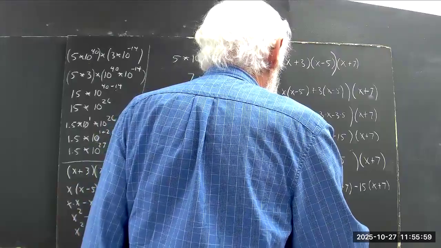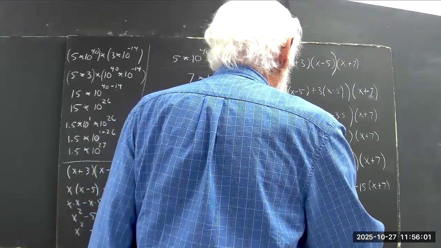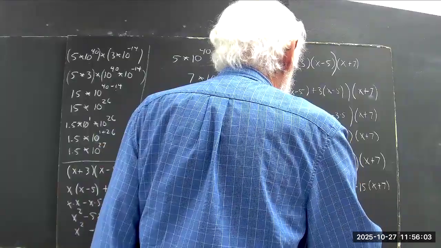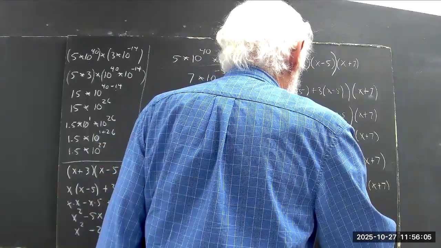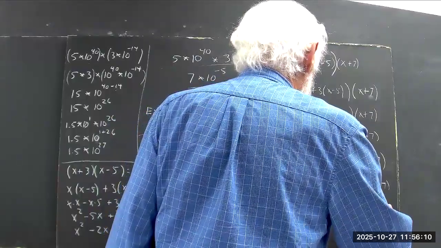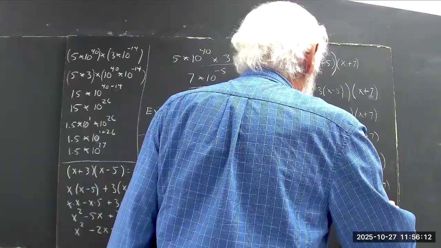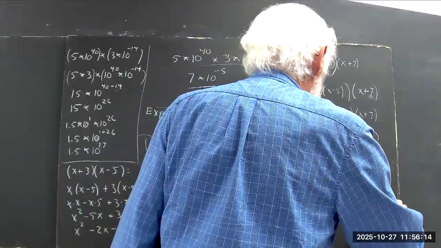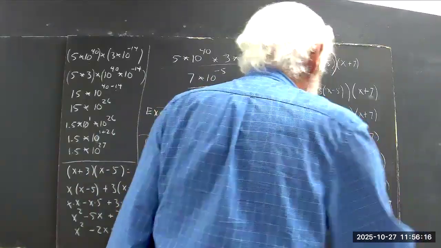Plus x squared times 7, minus 2x times x, minus 2x times 7, minus 15 times x, minus 15 times 7.